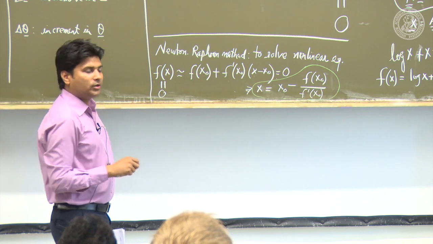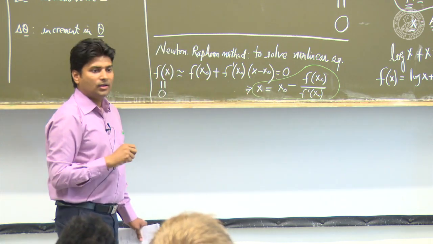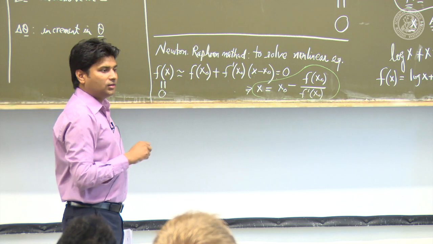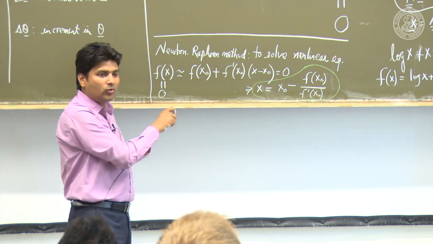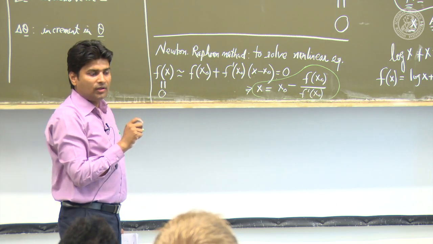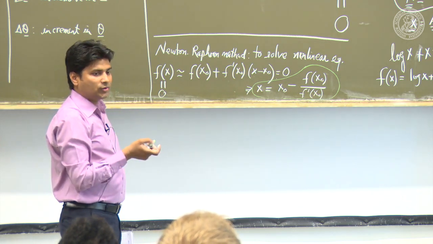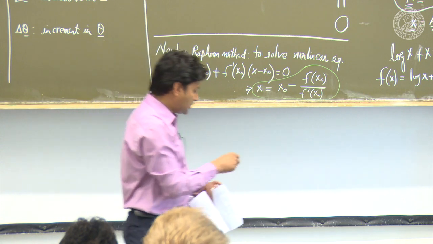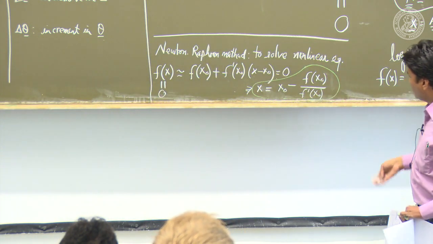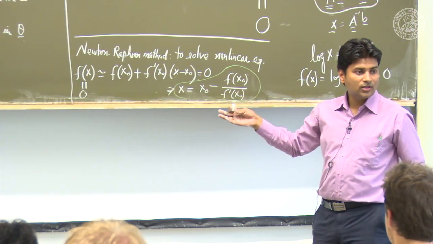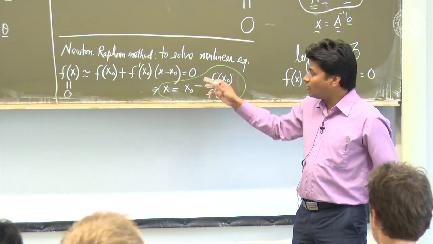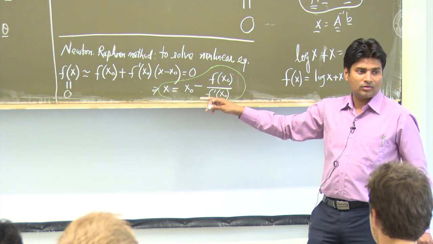So what we will do is, once you get your x, then you check whether f of x for that x is equal to 0 or not. If it is not equal to 0, then your new guess x naught is now your x itself that you obtain now.